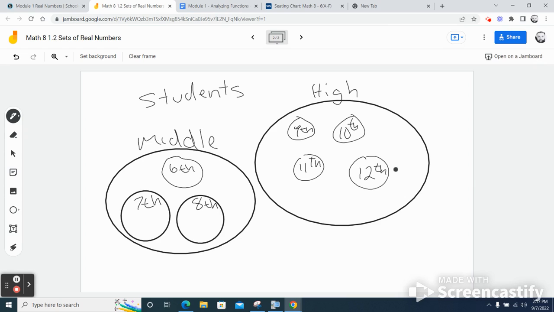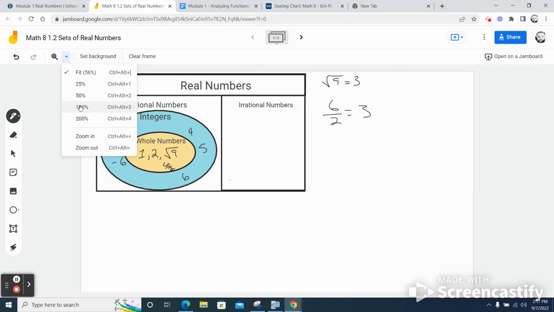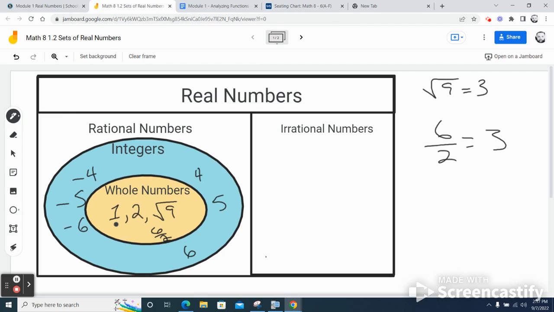So 1, on the other page, would be a whole number. If we go back, 1 is a whole number, but it's also an integer. The inner circle means it's a member of both.